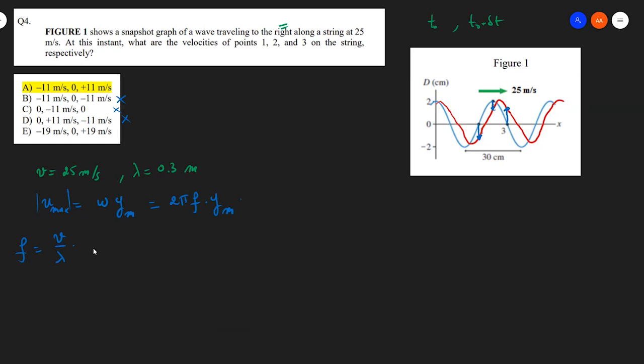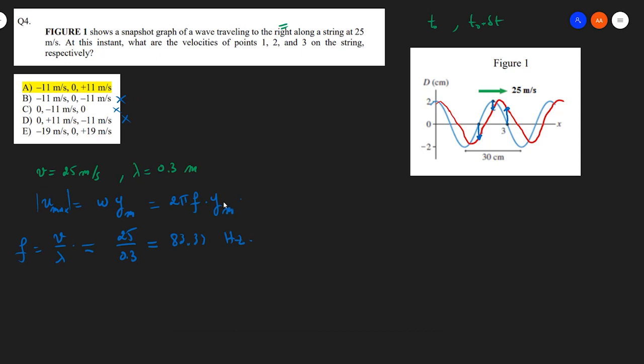If we come back to our relation, we can calculate. V is given, 25 meters per second. Lambda is 0.3, and this gives me a frequency of 83.33 hertz. So we have f.